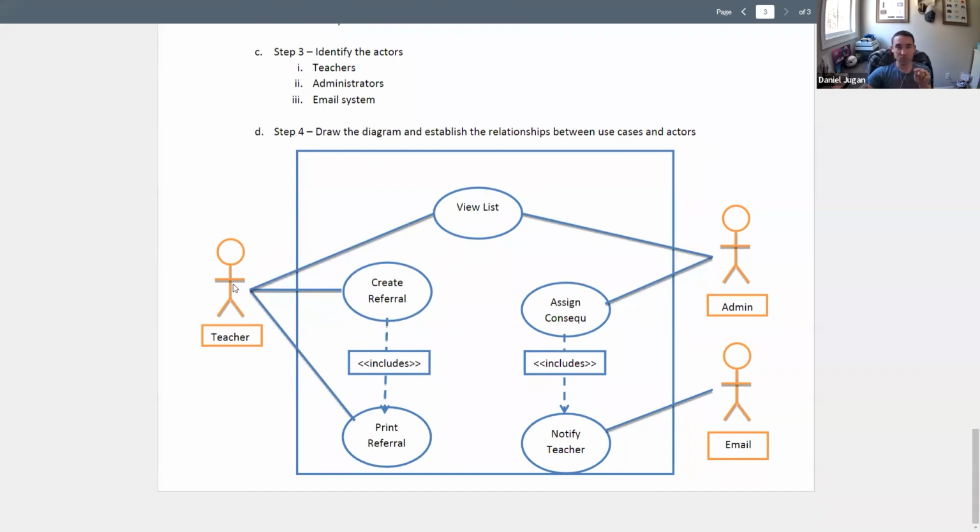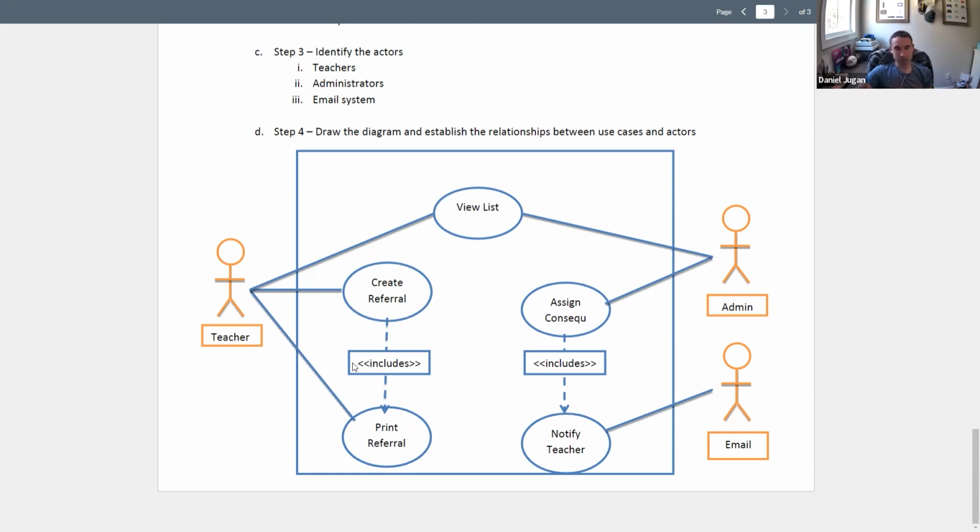Okay, but a teacher can also later go in and reprint it if they wanted to. So the printing and the creating of a referral are separate. They're separate actions, but when you create it, it automatically includes printing a referral. So we're reusing the functionality that exists here as a part of creating the referral. That's what the includes mean.